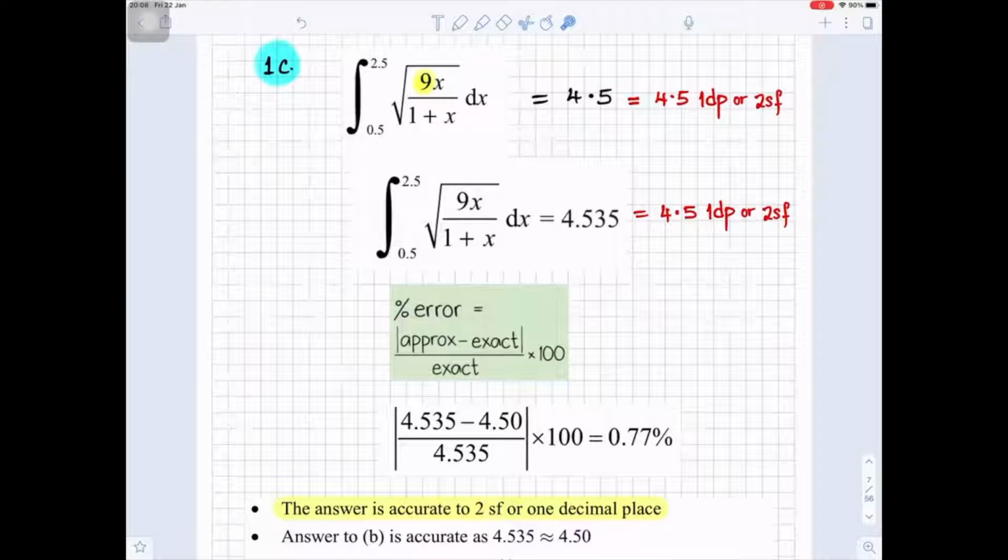That is accuracy of less than 1%. So the answer is accurate to two significant figures or one decimal place, because to two significant figures or one decimal place, they have the same value. So the answer to B is accurate, as 4.535 is 4.50.